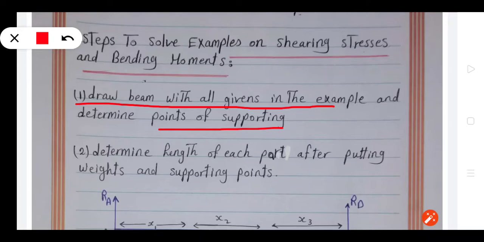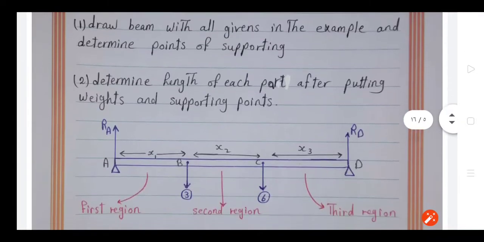To find and draw the reactions due to the points of supporting. Second, determine the length of each part after putting weights and supporting points. We should find, due to the points of supporting and weights, the lengths of each part or region.